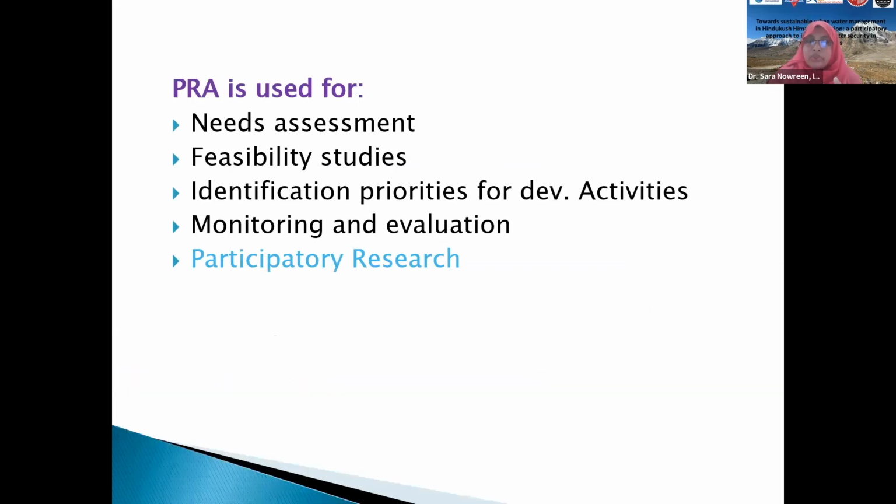So why do we use PRA tools? Definitely we want to assess something, such as whether a proposal we are making is feasible or not. Maybe we want to understand if it is really welcomed by the stakeholders or not. Then there could be possible development activities, and we want to identify which should get priority for that particular area or problem we want to address.